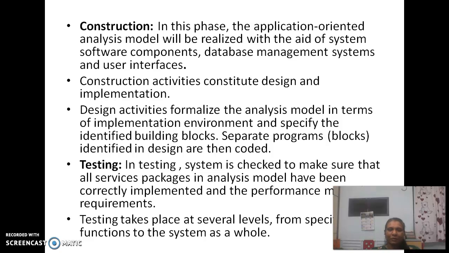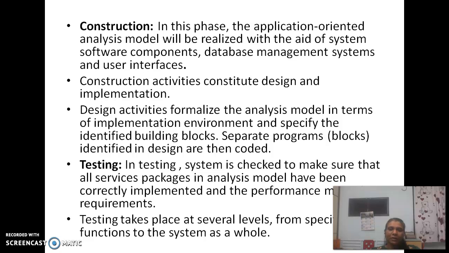So each of them is independent for its implementation. So this is how the construction will be done, and there are two different activities in construction, namely design and implementation. One thing is we need to select a particular architecture in designing the product, and also we need to select the methodology in which way we can implement that particular architecture.